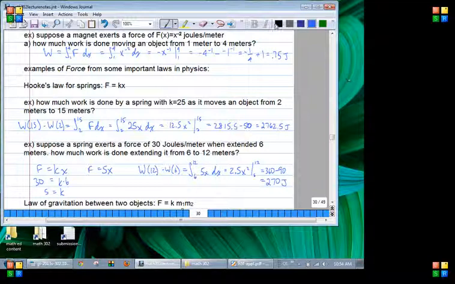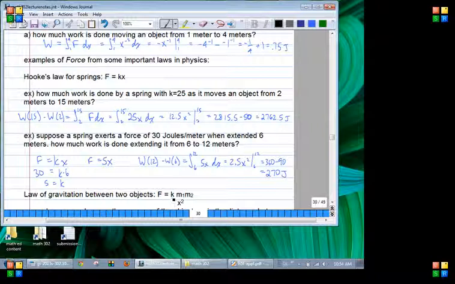Next law of physics. Law of gravitation between two objects. So when you have two objects, the force, which is I guess the acceleration due to gravity between them, is k, which is again some universal constant, times m1 times m2, which is the mass of the first object and the mass of the second object, divided by x squared.